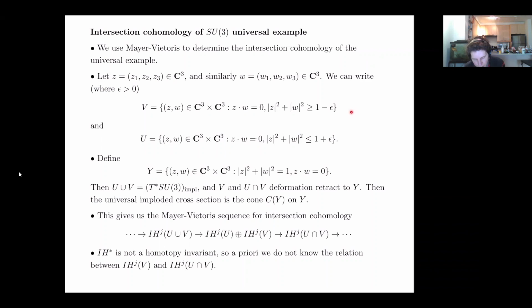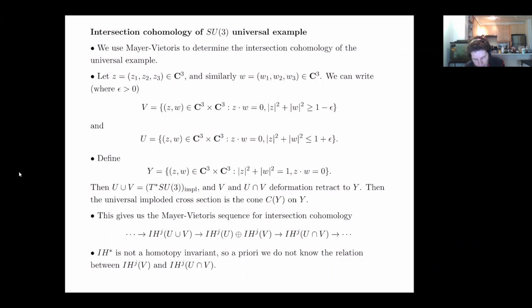V is the set where norm squared Z plus norm squared W is greater than or equal to 1 minus epsilon, and U is where that set, norm squared Z plus norm squared W, is less than or equal to 1 plus epsilon.